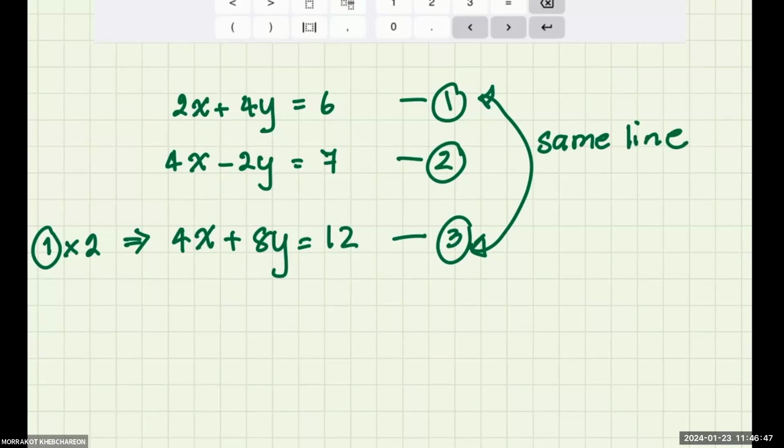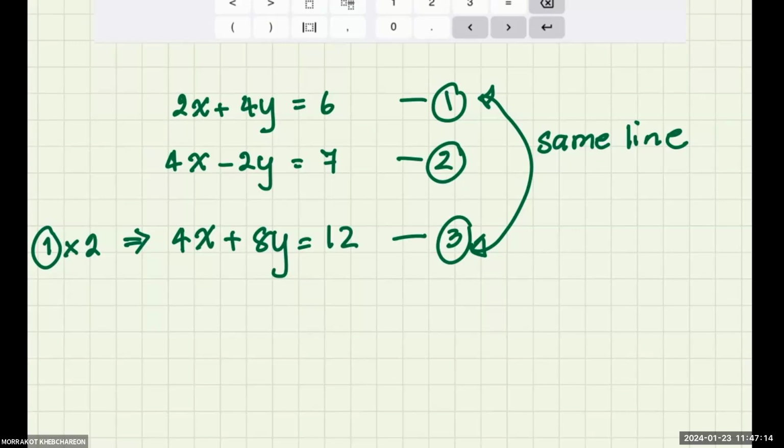Equation number 1 and number 3 are the same line. This means that if you want to find the intersection point of line 1 and line 2, which is your original problem, and you multiply any equation by a constant, the solution does not change. It remains the same.